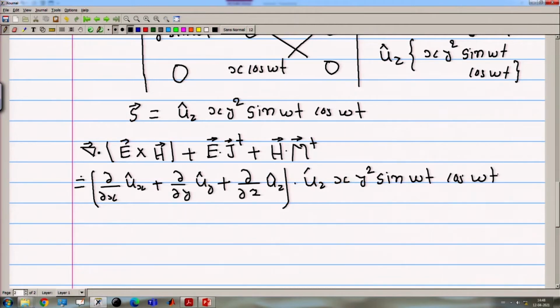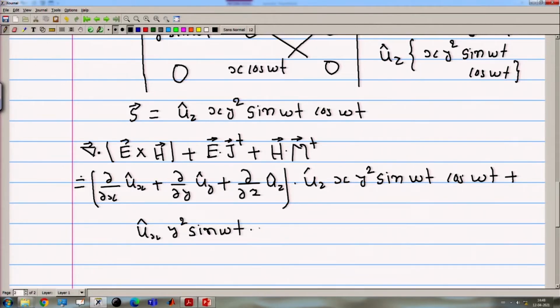So, this is del dot E cross H plus E dot J t. The electric field is U x by a square sin omega t, and that is dot product with J t.